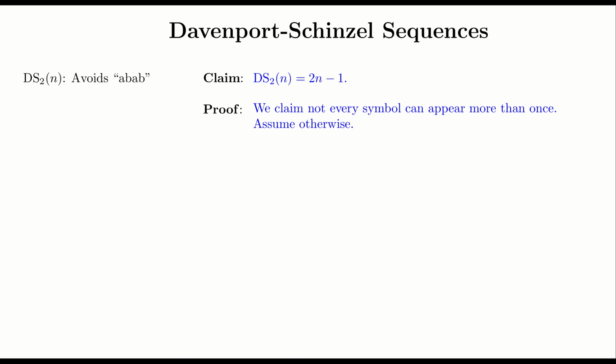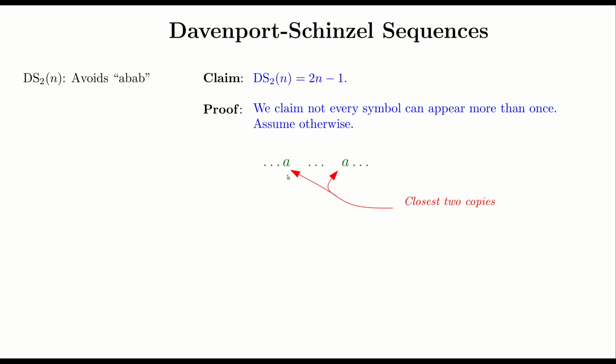And now we prove that a Davenport-Schinzel sequence of order 2 can be at most 2n minus 1 in length. The proof goes as follows. We claim that there has to be at least one symbol that appears at most once. Imagine this is not true. Imagine we have a sequence where every symbol appears at least twice.